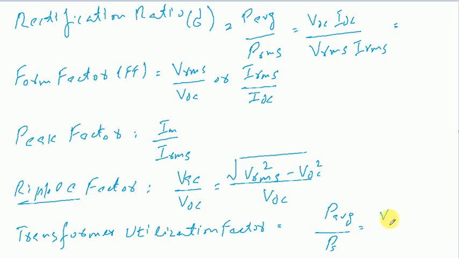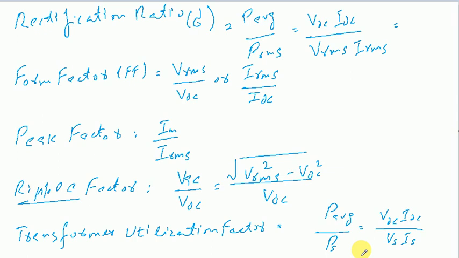So this is the DC power or average power present across the load, with output voltage and output current, and it is the ratio to the power present across the secondary of the transformer. Here Vs and Is determine the voltage and current on the secondary side of the transformer.